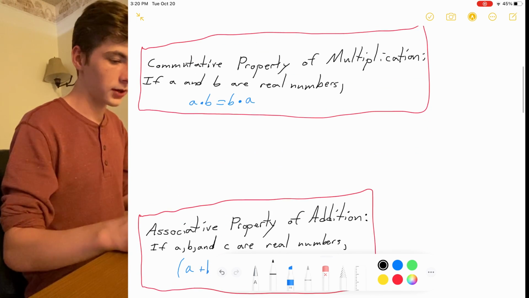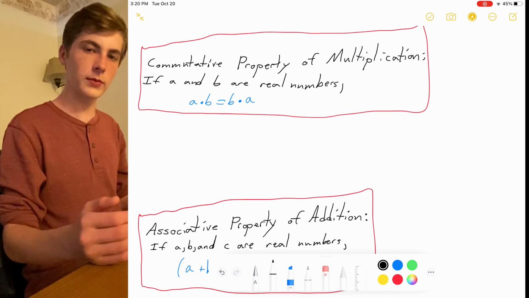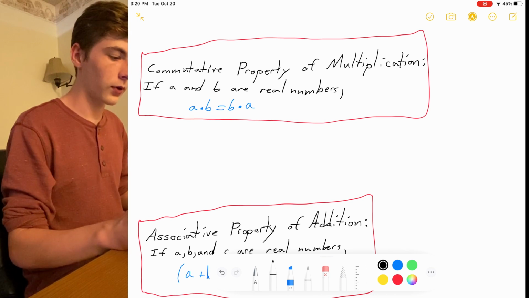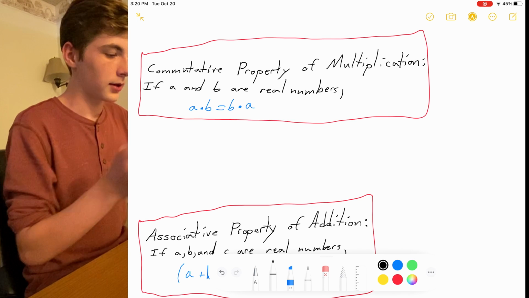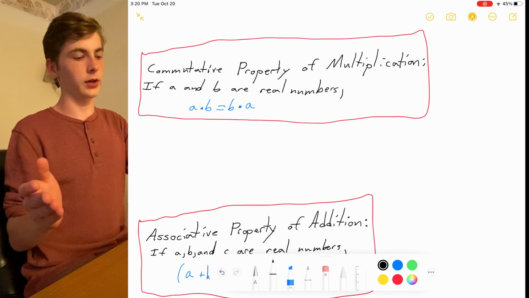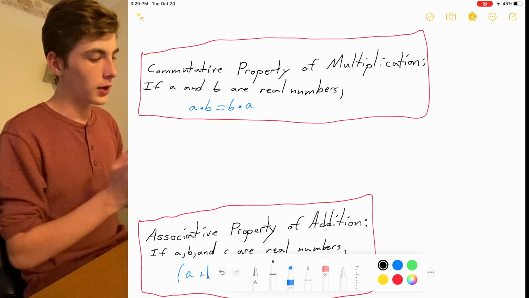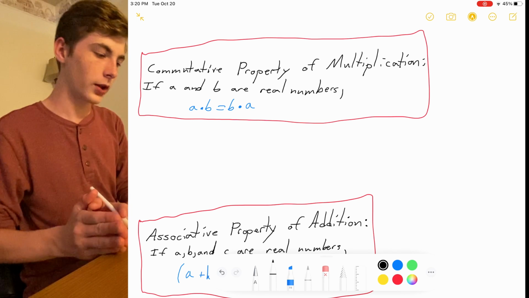Now we're going to move to the commutative property of multiplication. It basically says the exact same thing as addition, except we're multiplying instead of adding. All of these properties assume that a and b are real numbers, because these are properties of real numbers. So if a and b are real numbers, then a times b is equal to b times a.